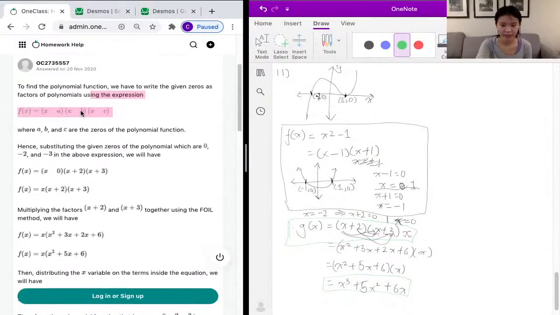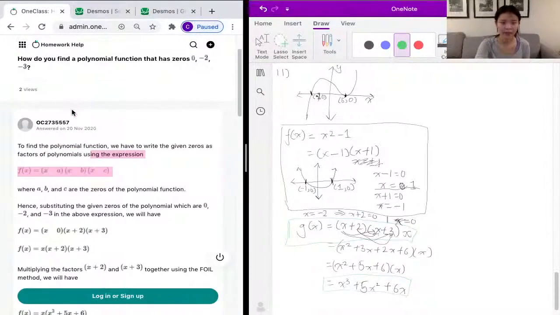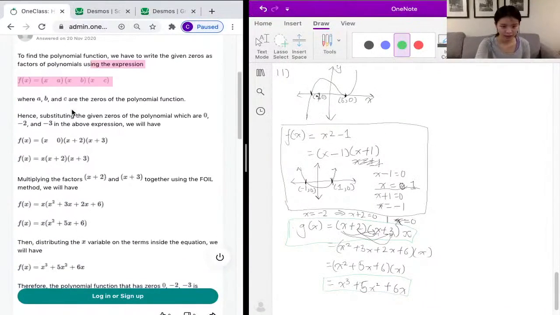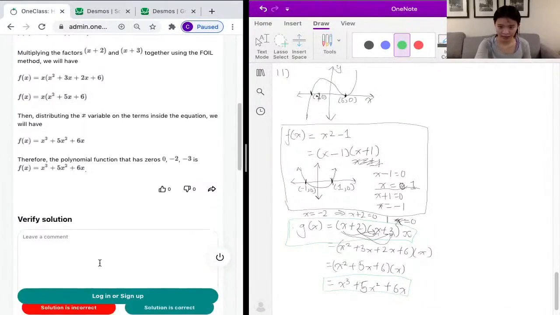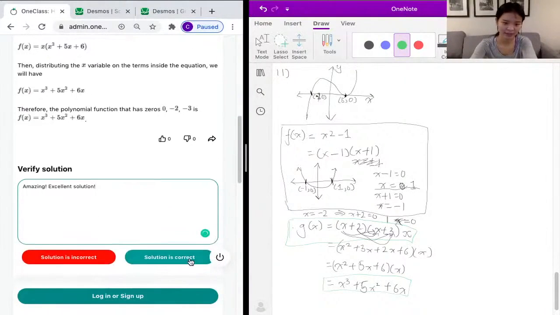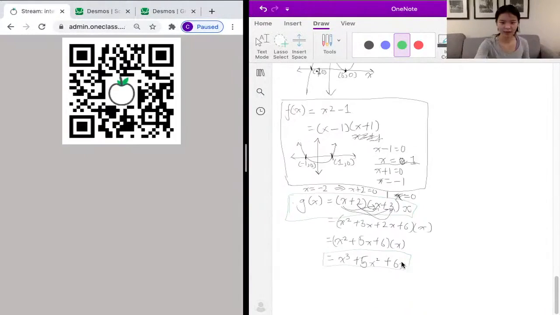But this explanation actually helps you understand why this expression exists and why you are using it to find a polynomial function. Cool? Their solution is correct. It's the same as ours. Amazing. Excellent solution. Now let's move on to our next problem.